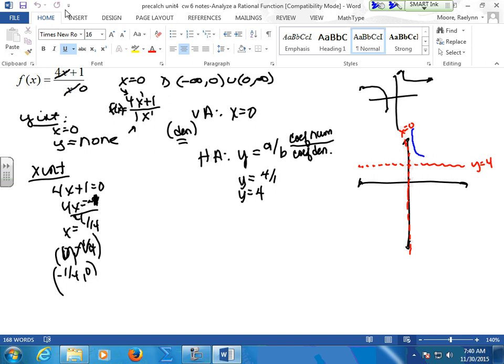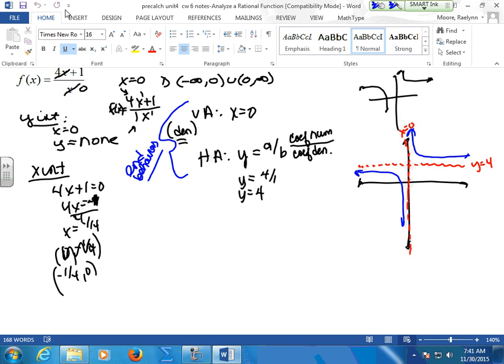It goes like this, and it goes like this. Isn't that what your graph looks like? Doesn't the asymptotes guide to where the ends go? So your asymptotes are there for your end behaviors.